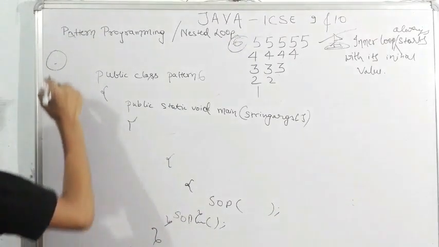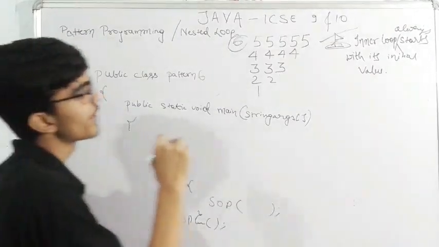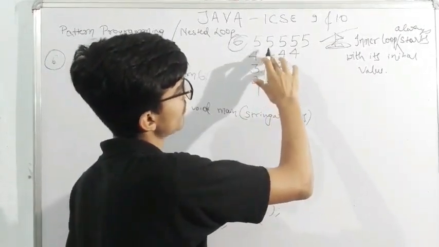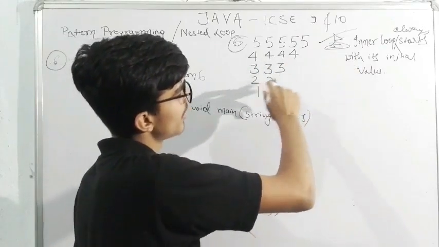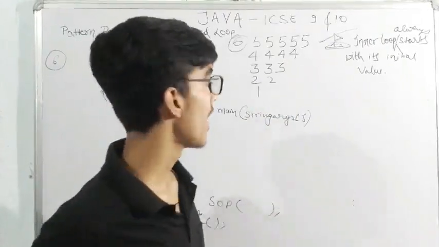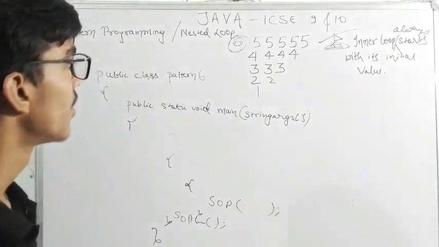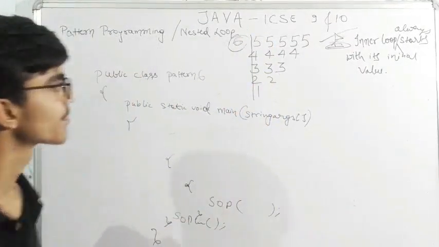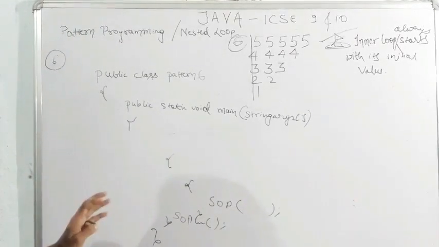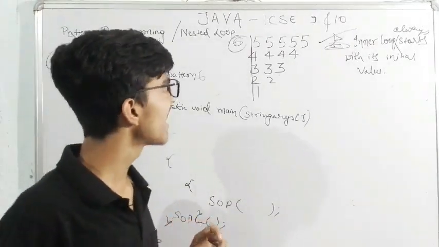So moving towards question number 6, we have here 5 5 5 5 5, 4 4 4 4, 3 3 3, 2 2, and at last we have 1. These are in a single line each. So for this we have to think about what we can do.